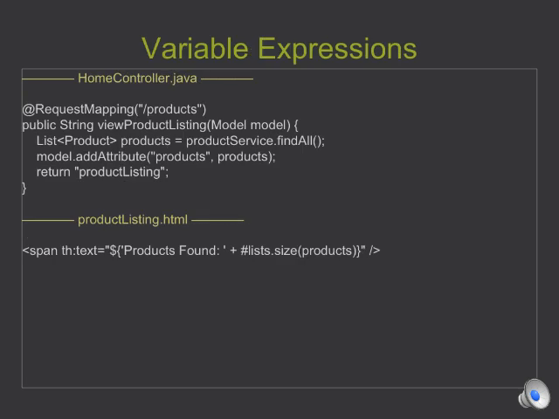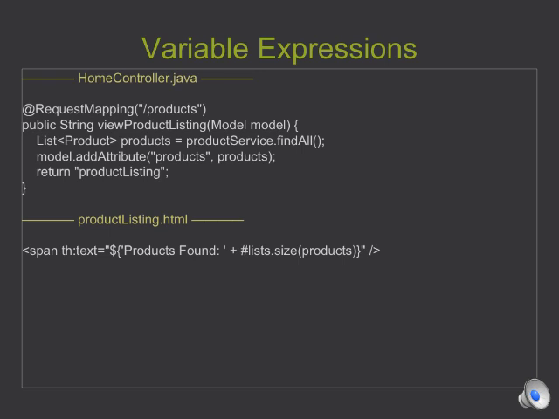So one additional thing that Thymeleaf provides is variable expressions. So we've got our controller again that puts our products on the model. And what we're seeing now here is we've got this one string expression that uses the $ syntax. And we're concatenating the string products found.